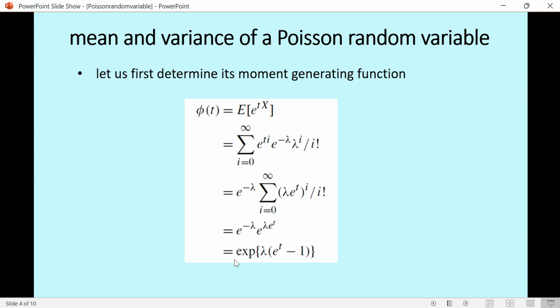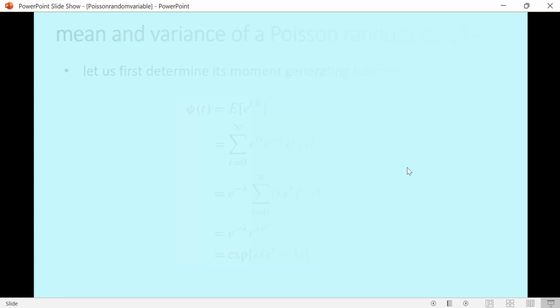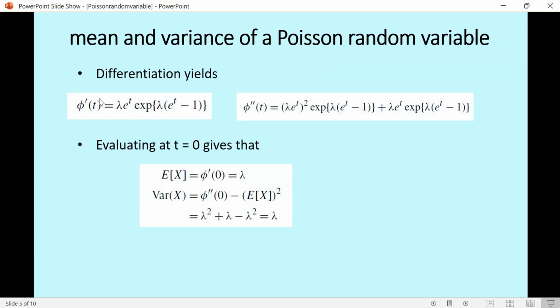Finally, we get the moment generating function for the Poisson random variable equal to this one. Then we can use first order and second order differentiation to get the mean and variance, which is a little complicated, especially the second.